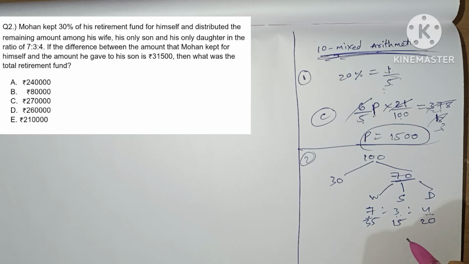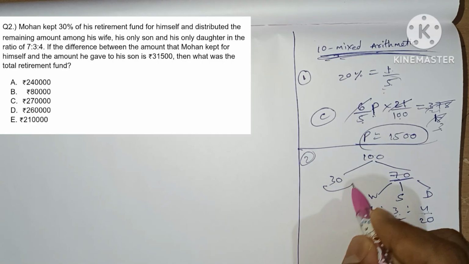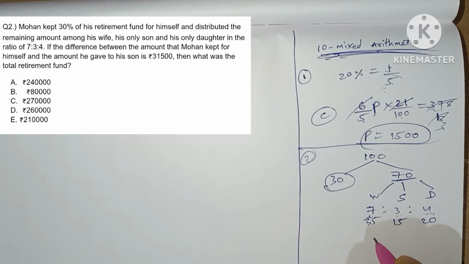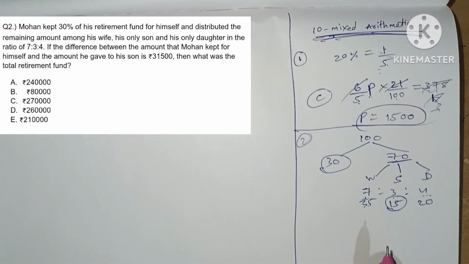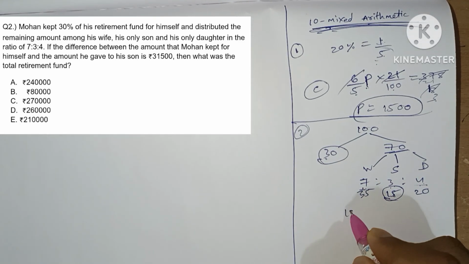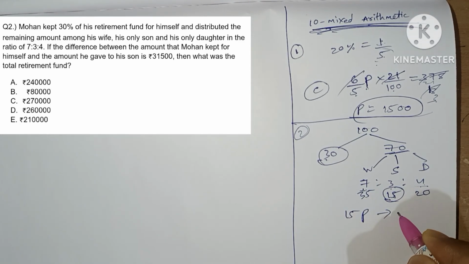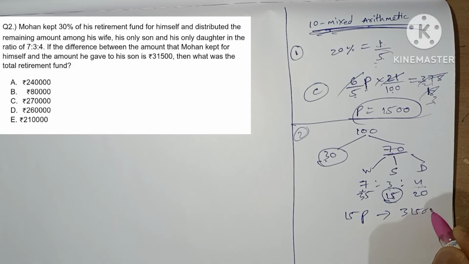Let's see what is the question asked. If the difference between the amount that Mohan kept for himself and the amount he gave to his son is 31500, so the difference between these two is 15 parts, and 15 parts value is given as 31500.